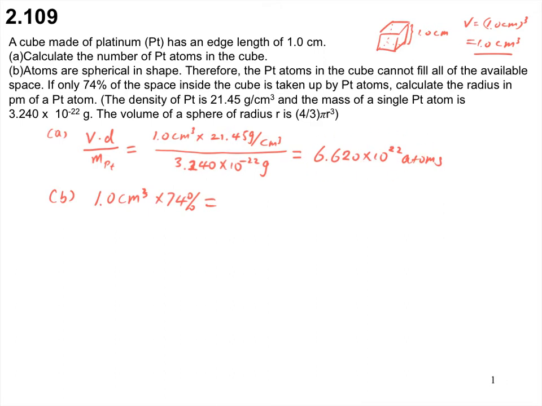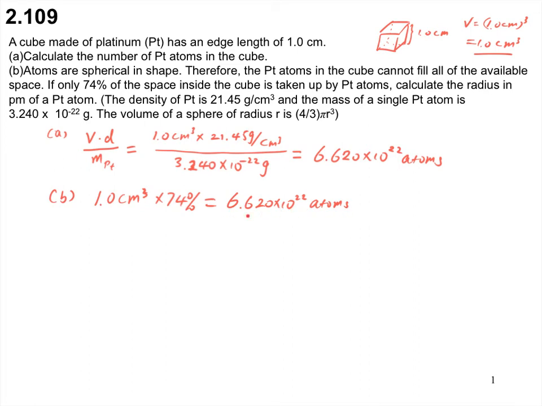So therefore, 6.620 times 10 to the 22nd atoms times their volume, and the volume of all these atoms is equal to 1 centimeter cubed with 74%.